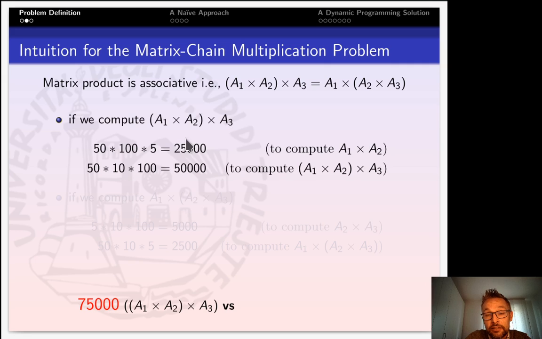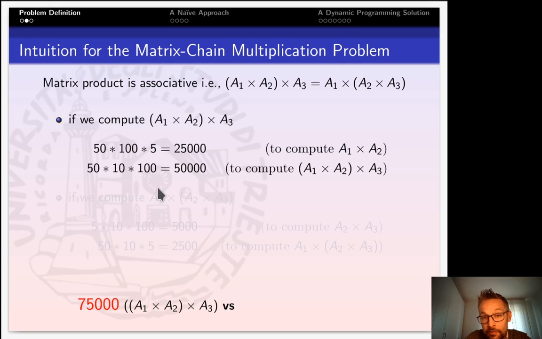So the result of this multiplication is a matrix whose size is 50 rows and 10 columns. To get each element inside this matrix, we need to perform 100 multiplications. Why? Because the number of columns of this matrix is 100 and the number of rows of this matrix is 100.